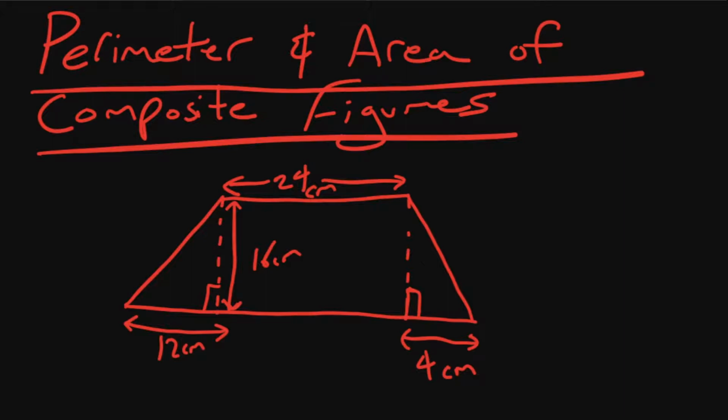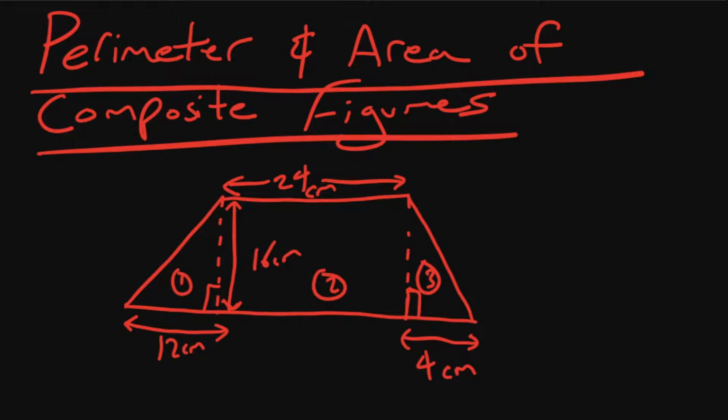So now, let's say I ask to find the area of this shape. So now all we can do, as you've probably already seen, is break this down into 3 components: 1, 2, and 3. I can see that the first and the third objects are triangles.